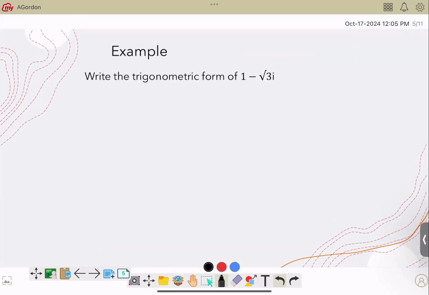So here we have a complex number, 1 minus the square root of 3 i, and we're going to write it in trigonometric form. So it is in a plus bi form, and we can see that A is equal to 1, and B is negative square root of 3.